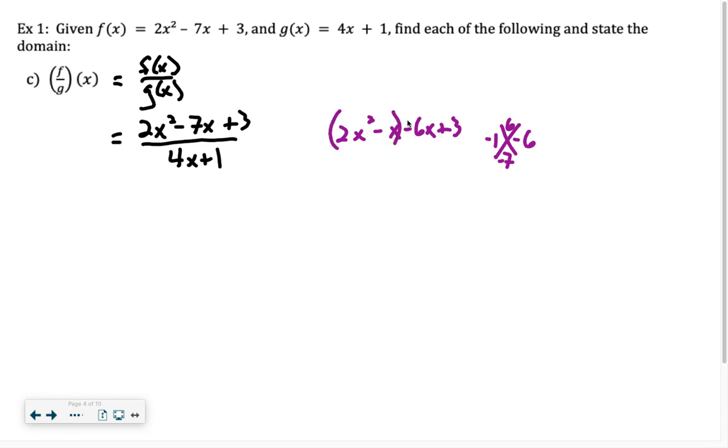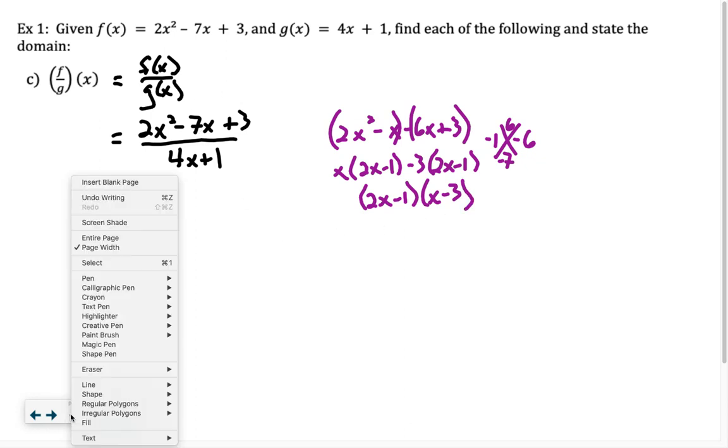Group the first two, group the second two, and I could take an x out of here and say this is x times 2x minus 1. And then here I could take a -3 out, and I'd have -3 times 2x minus 1. So this factors into 2x minus 1 times x minus 3.